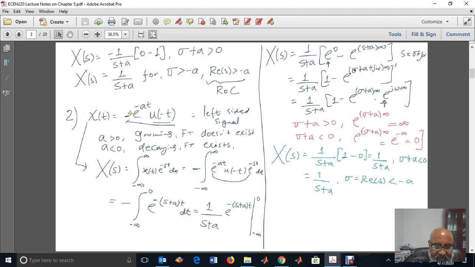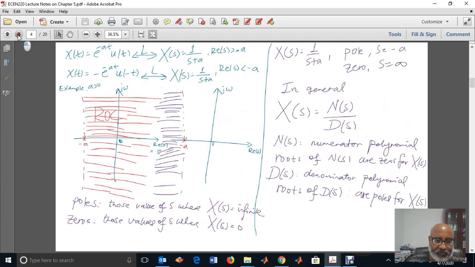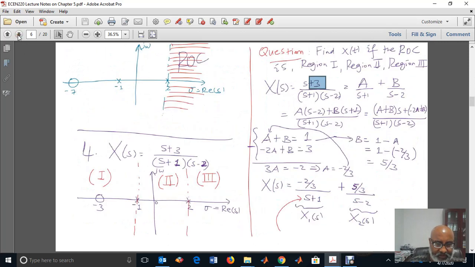And the left-sided one is -e^(-at)u(-t), again with Laplace transform 1 over s + a, with real part of s less than -a. So we have these two conditions.